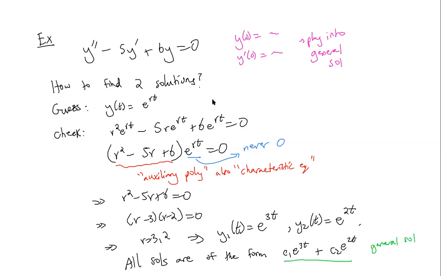This is an easy example, though. What happens with this r squared minus 5r plus 6 if it doesn't have two distinct roots? Or what happens if the roots are complex? Then we change our answer a little, and we have this table. We have ay double prime plus by prime plus cy equals 0.